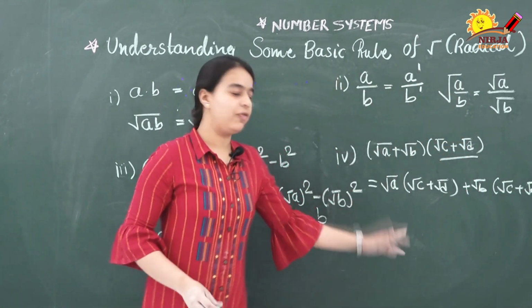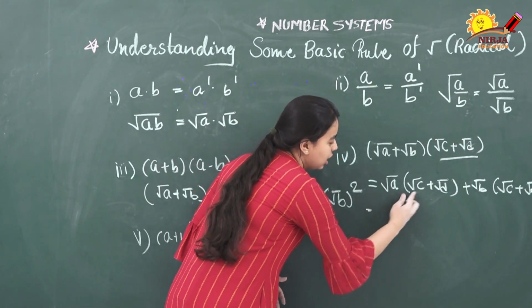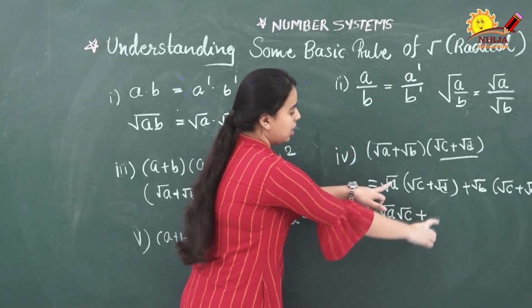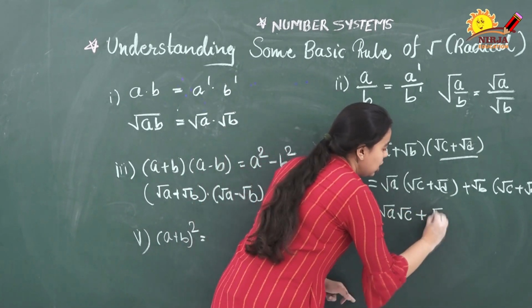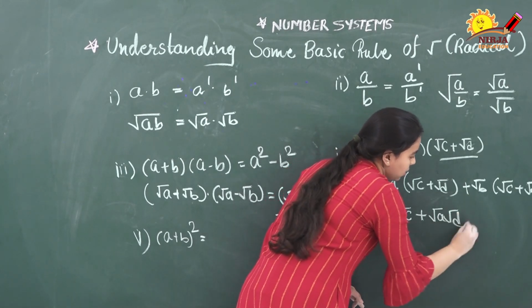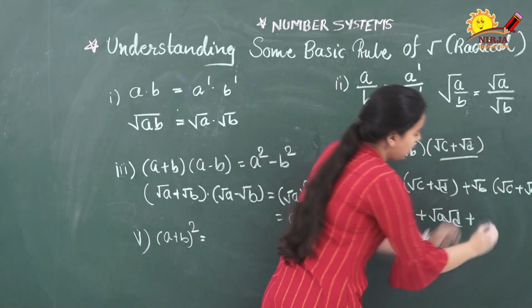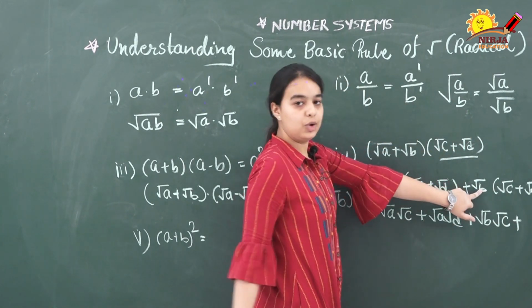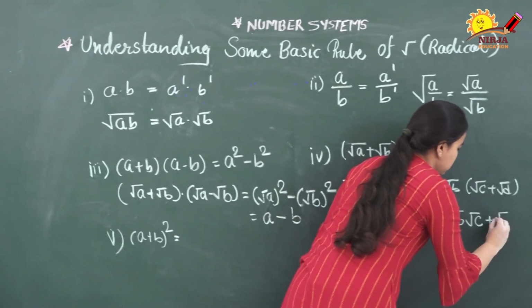If I simplify further, I will get under root a into under root c plus under root a into under root d plus under root b into under root c plus under root b into under root d.